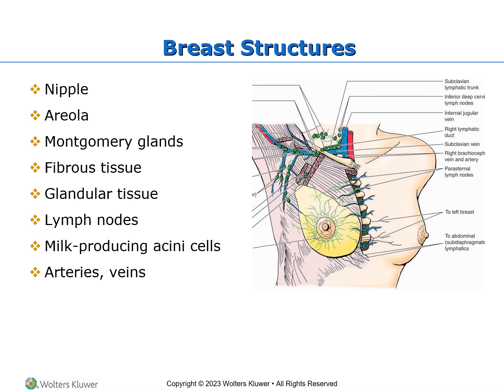And within the areola, we have small sebaceous glands called Montgomery glands, and these glands secrete an oily substance that lubricates and protects the nipple, particularly during breastfeeding. And small raised bumps in this area are also a normal finding.